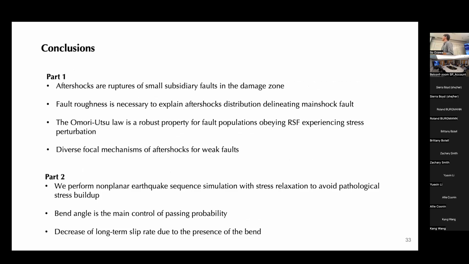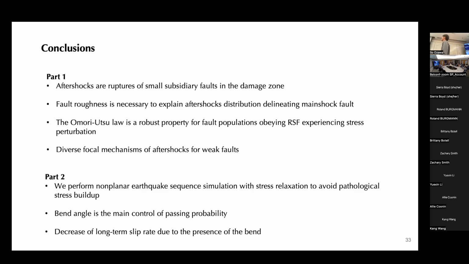So that's all I want to say. Let me summarize. In the first part, I performed aftershock simulations, assuming many small subsidiary faults in the damage zone of a rough main fault. We documented the importance of fault roughness to explain the realistic distribution of aftershocks, and we also reproduced Omori's law and aftershock migrations.